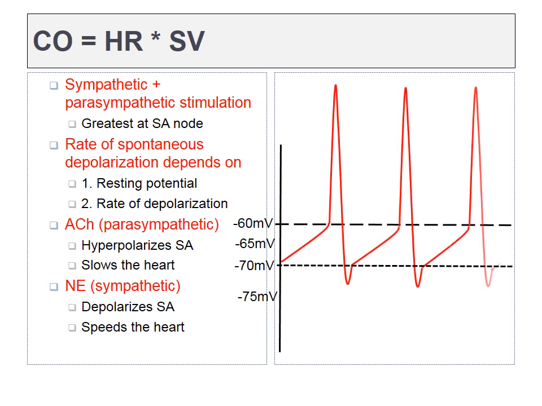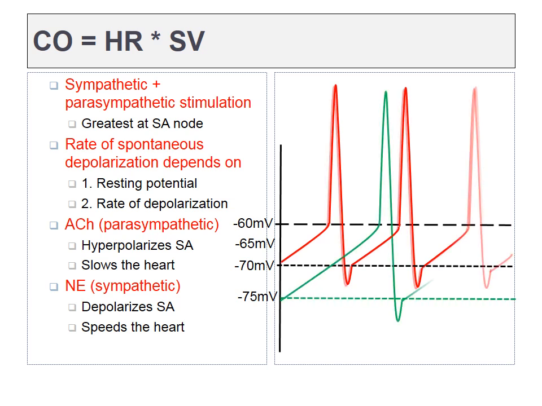This is the baseline heart rate that the SA node would be setting. With parasympathetic tone, this will hyperpolarize the SA node. We start further away from threshold, but depolarize at the same rate. Therefore, it takes us longer to reach threshold, and the interval between heartbeats will be longer, or we'll have a slower heart rate.